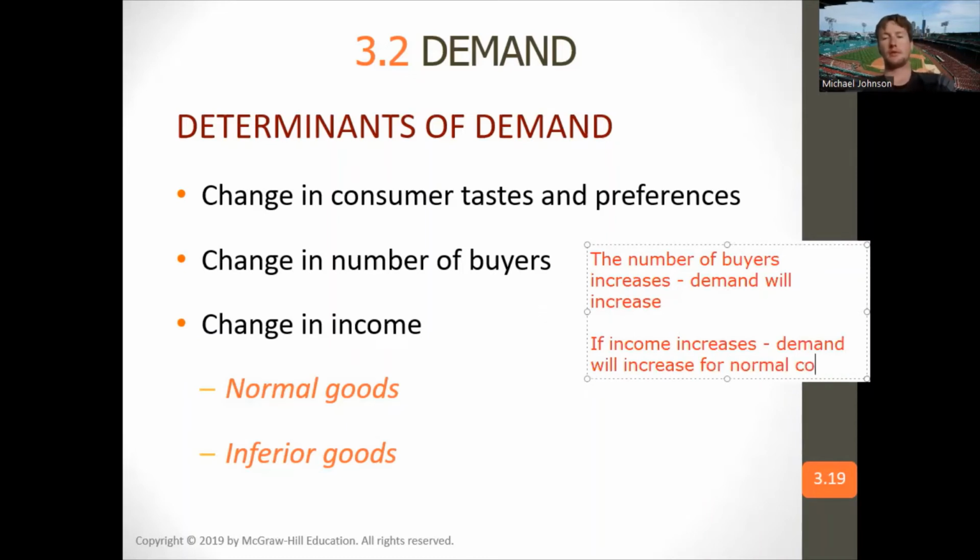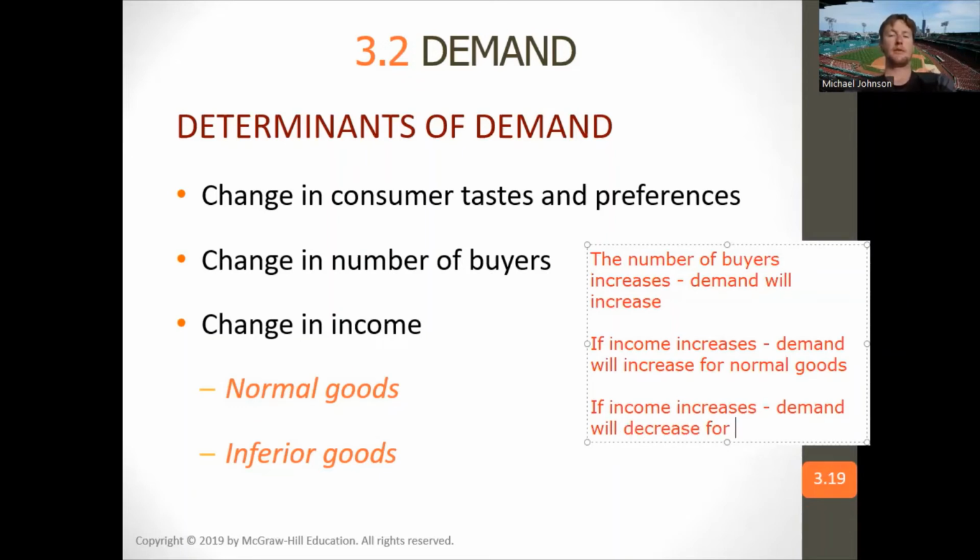If income increases, demand will increase for normal goods. However, if income increases, demand will decrease for inferior goods. An inferior good is something like Kraft Dinner.